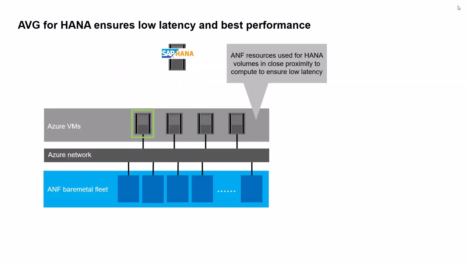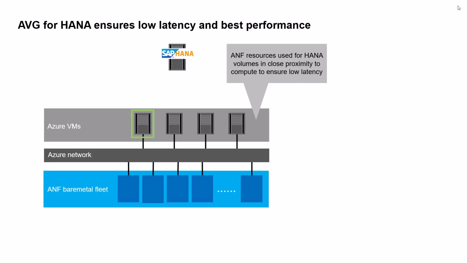Okay, with that, let me provide some background around the architectural requirements to achieve lowest latency and best performance. Compute as well as ANF hardware is organized in clusters, which are connected to network switches. In order to ensure lowest latency, the compute hardware hosting the HANA VM as well as the ANF hardware hosting the HANA volumes must be in close proximity to each other.